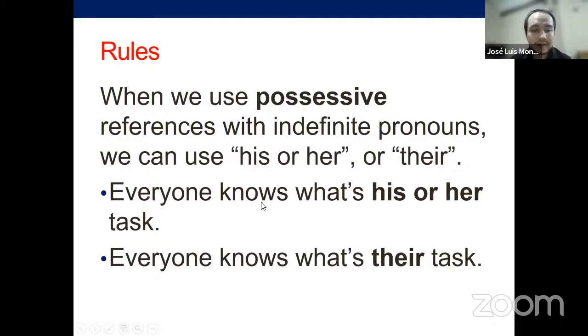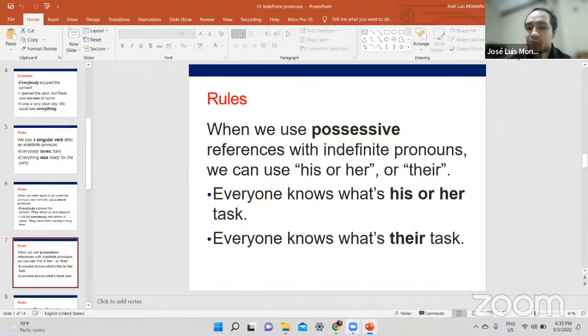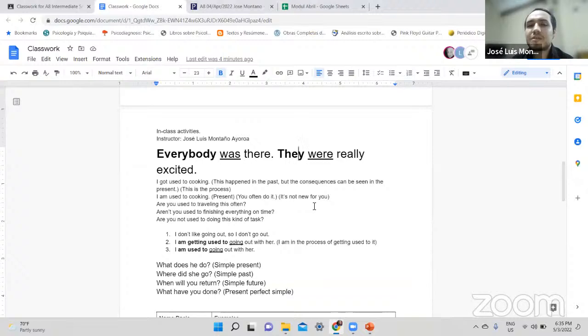In these 5 minutes, this is going to be a free writing exercise. It means that you're going to decide the topic, you're going to decide how you're going to structure your ideas, but the only thing that you have to do in your writing exercise, please, everybody, is that you have to use indefinite pronouns.